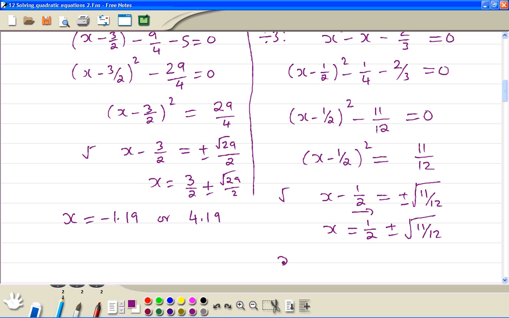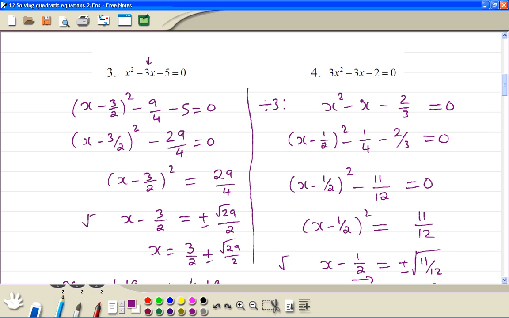Work out the answer, we could have in decimals minus 0.46 or 1.46, two decimal places. These two numbers, the roots, add up to 1, and thus match the number here.